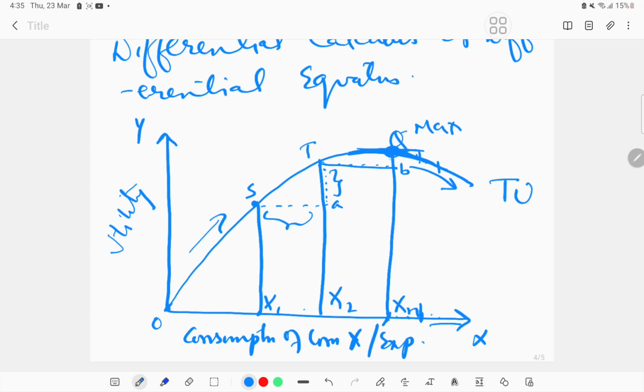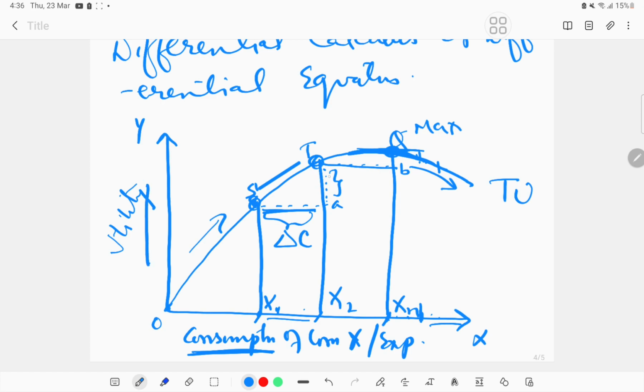And suppose the consumer is increasing the consumption of the commodity from x1, and now let's see if he increases the consumption from x1 to x2, from here to here, so total utility has changed from S to T. In this whole process there is a change in consumption, and if he increases consumption to x2, his utility also increases.